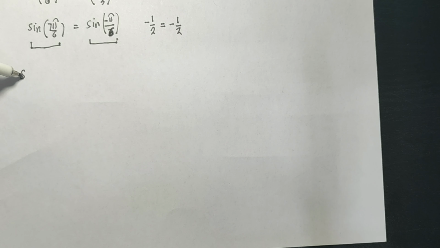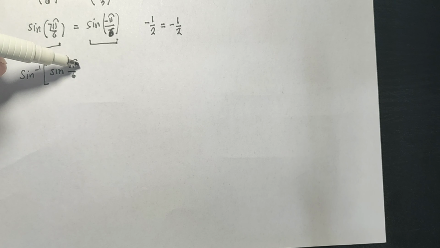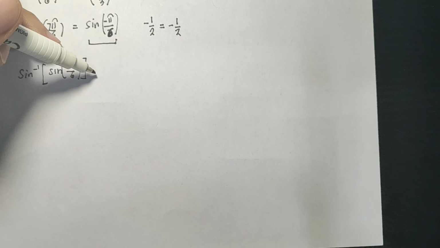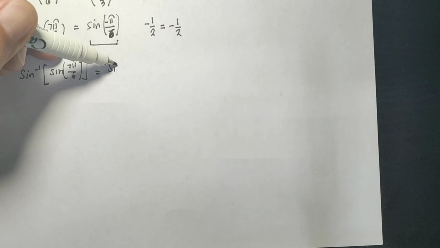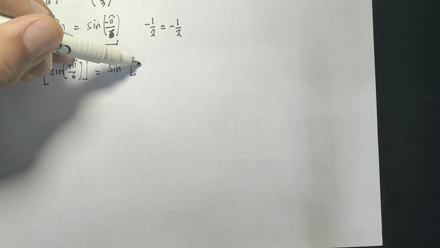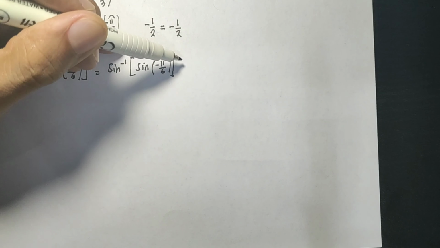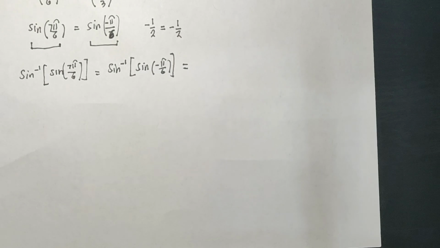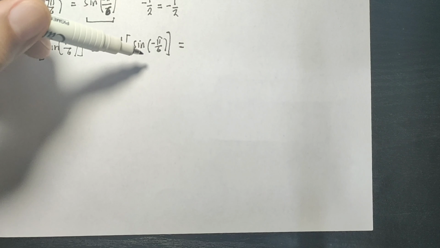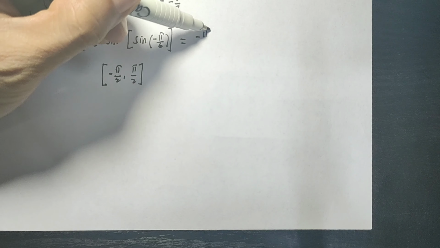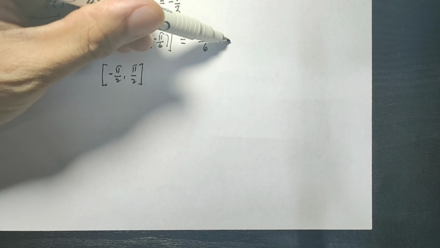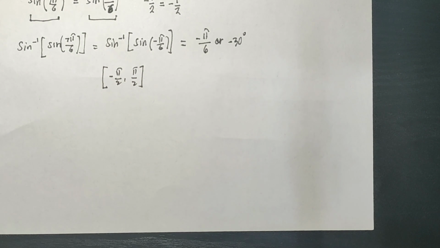From the given inverse sine of sine 7 pi over 6, this will now be equal to inverse sine of negative pi over 6. And since negative pi over 6 is within the interval of negative pi over 2 and pi over 2, the value of this is negative pi over 6 or negative 30 degrees.